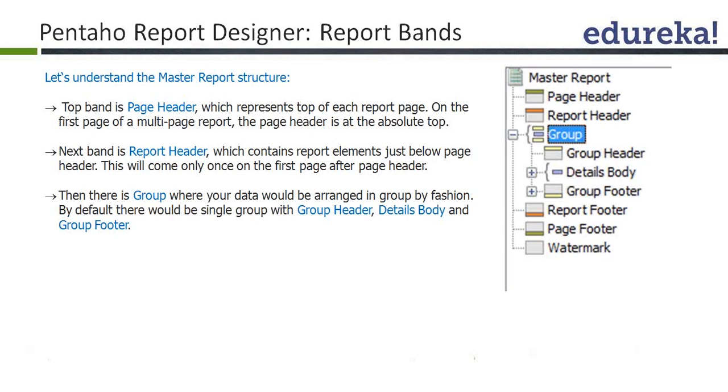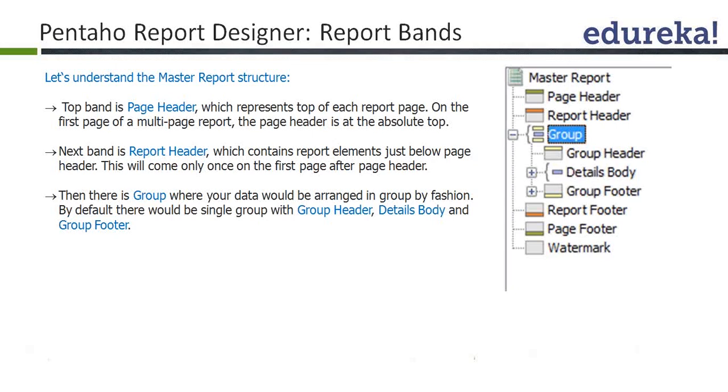Then there is group. By the way, this right side hierarchy, whenever you open a new report, you can see the same hierarchy. There is no change. The group is where most of the work is going to go in. Whenever you will be working on reporting, mostly you will be playing with the details which is under the group. So why name it group? Because typically when there is a bunch of data which is getting aggregated, you will be using group.